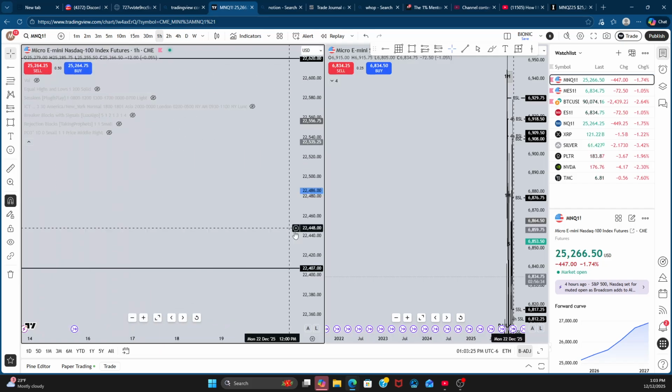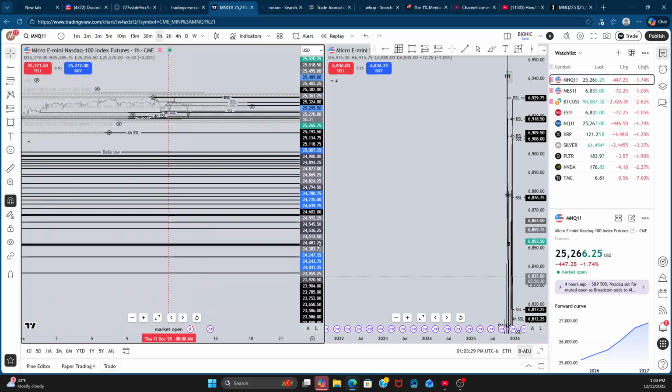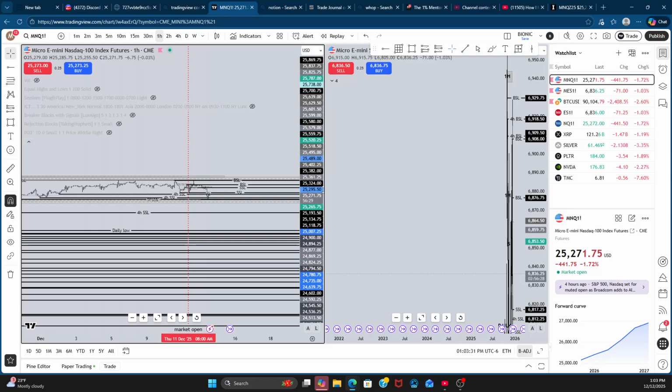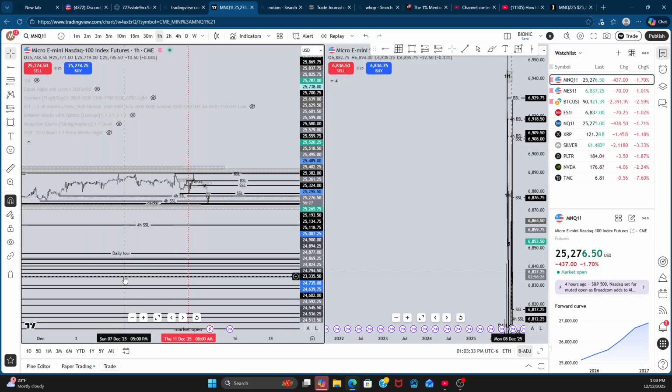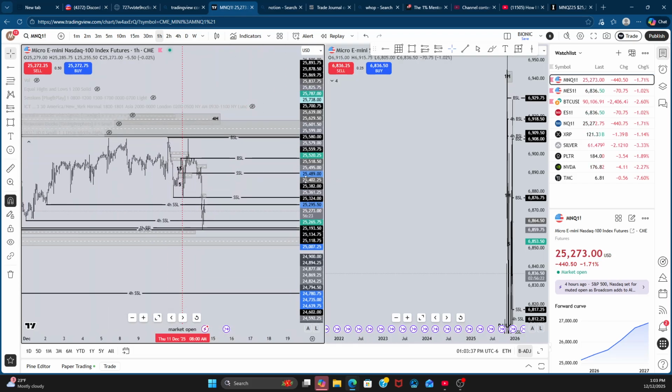Let's go to 1 hour. Make sure we're at the right time and price. There we go. Holy, we have moved a lot. That's when I first started trading all these lows.